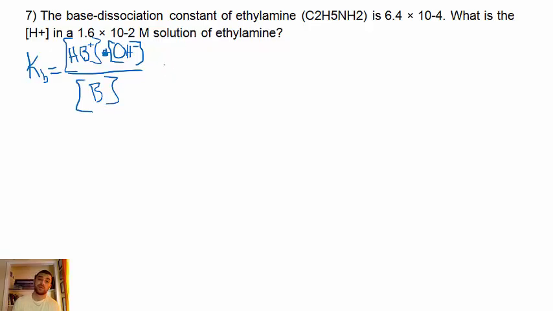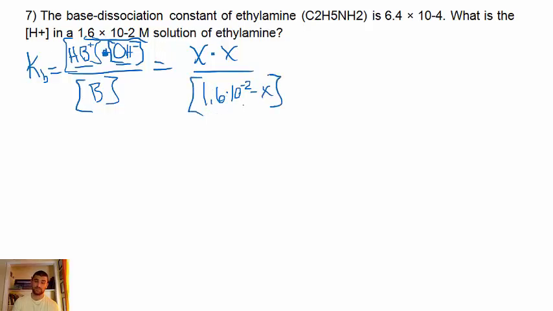And I also know values for those, right? Well, not really, but I can say they're X, so it's really going to be X amount times X, because I'm going to get the same amount of conjugate acid as I do OH minus, all over the amount that I started with, which they tell me is right here, 1.6 times 10 to the minus 2, minus the amount that was used up, X. And so now, again, I'm going to combine like terms and do a little algebra.